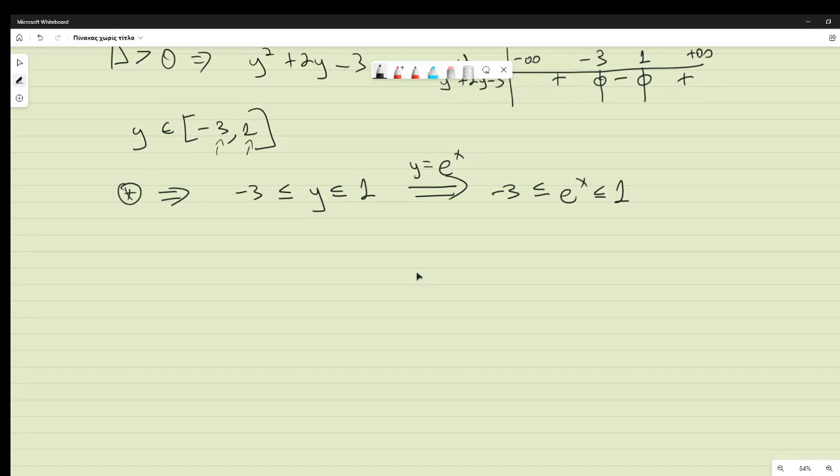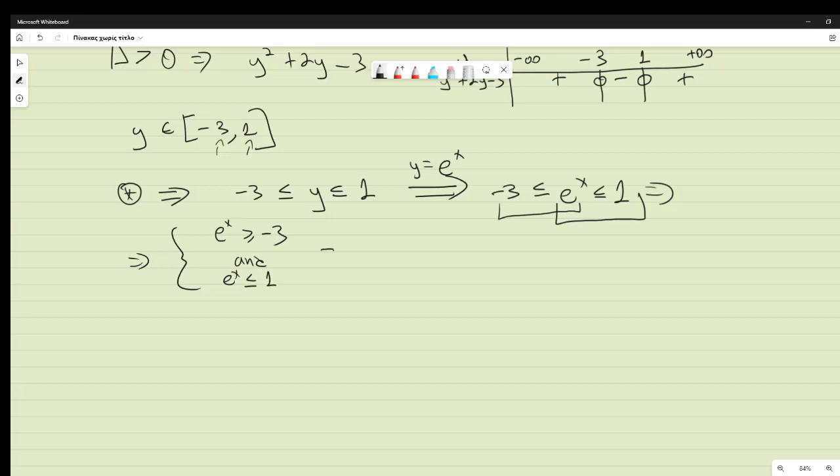From this we can write that e to the power of x must be greater than minus 3, this part of the double inequality, and then this part also needs to exist, e to the power of x must be smaller or equal to 1.